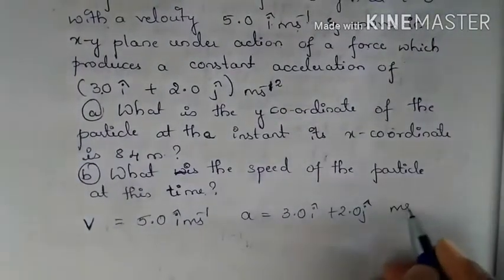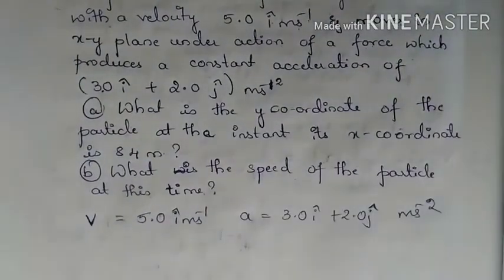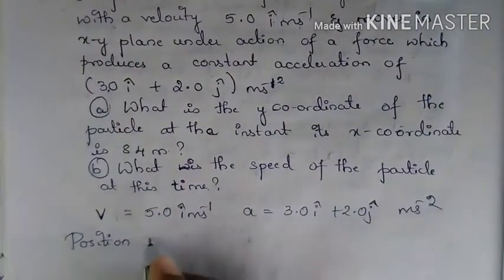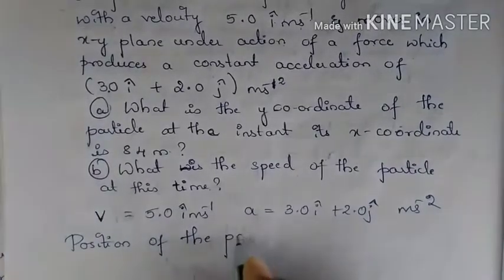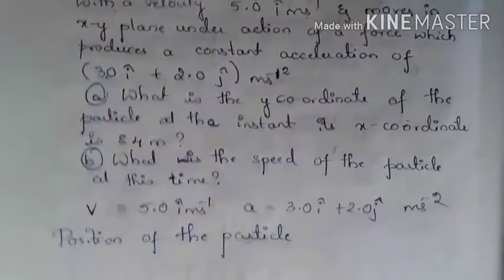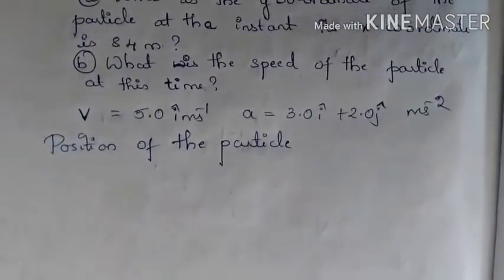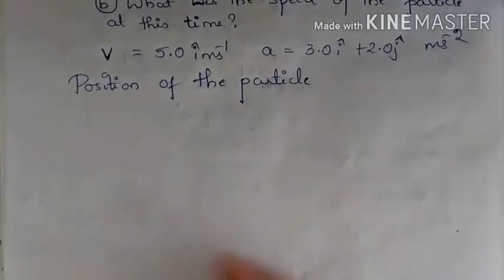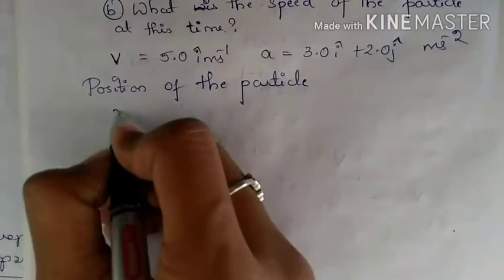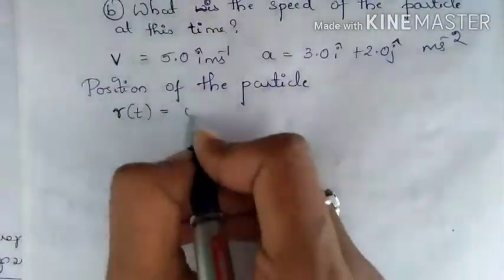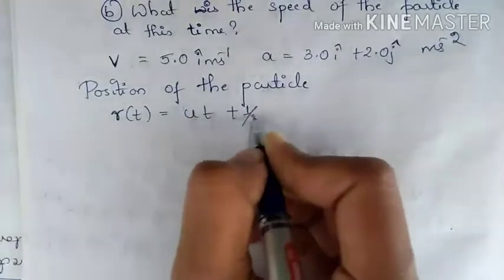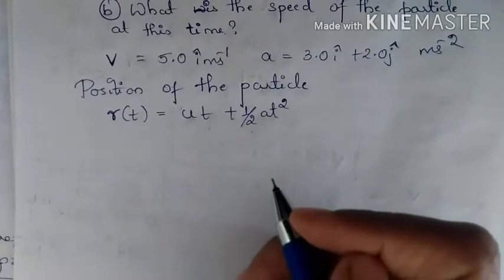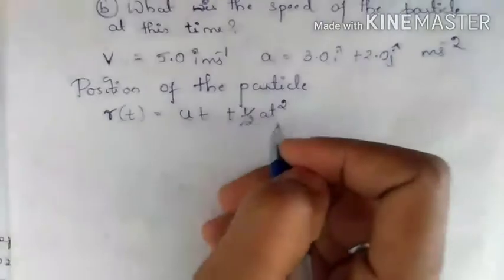To find the position of the particle, we have to use the kinematic equation. We know 3 different kinematic equations, and in that we can use r of t is equal to ut plus half at square. Here u is the initial velocity, a is acceleration, t is time.